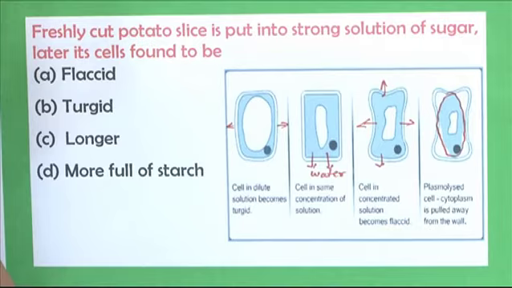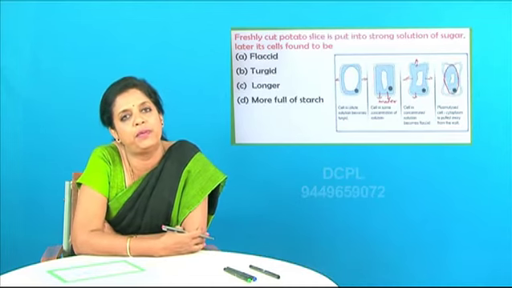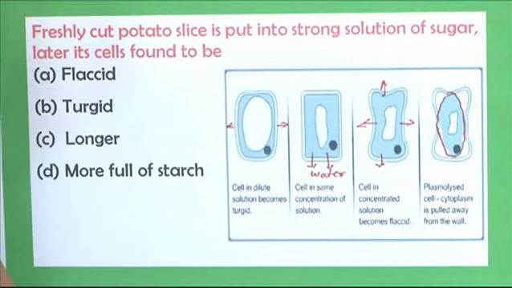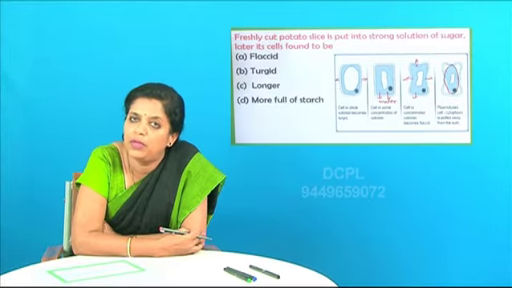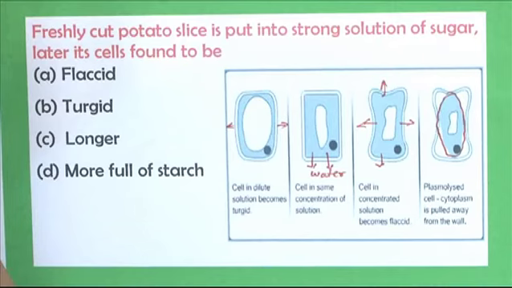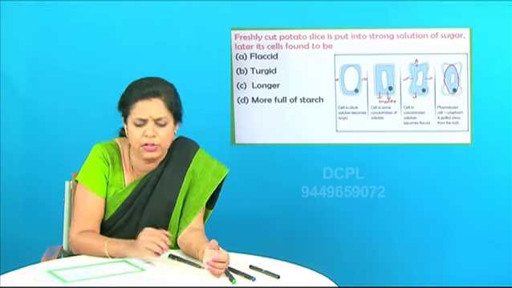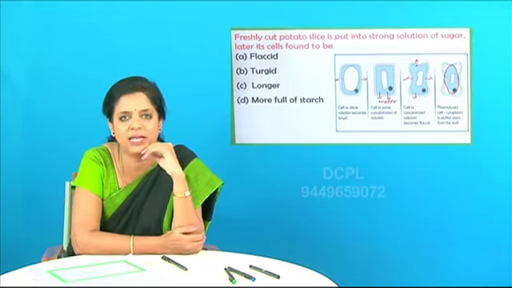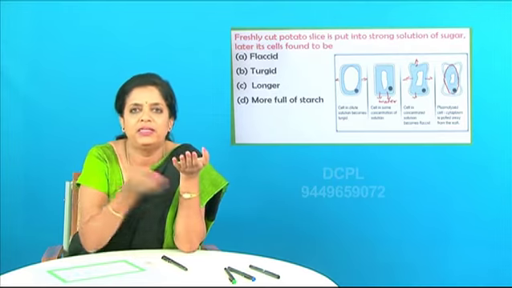This will happen when a cell is placed in hypertonic solution, as given here with the potato slice, which is going to die. Once the cell gets plasmolyzed, it is a dead cell. It cannot be converted back to a regular one. Normally nobody will keep plants in hypertonic solution on purpose.